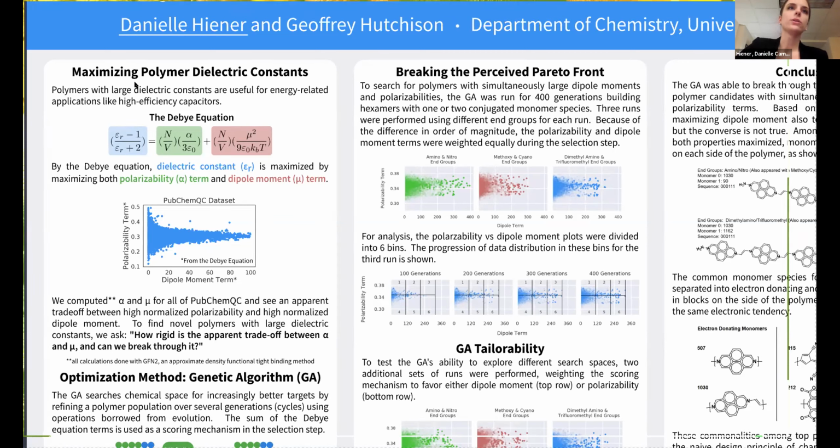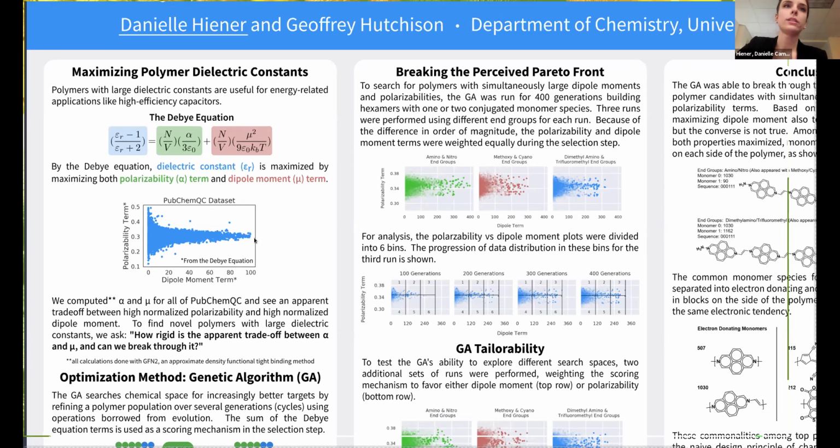So previously in the group, we used the Debye equation to relate the dielectric constant to the molecular properties of polarizability and dipole moment, which you can see here are the two terms on the right-hand side. So we calculated these properties and therefore their terms for the entire 3 million plus molecules in the PubChem QC dataset, just to get a feel for what was already out there.